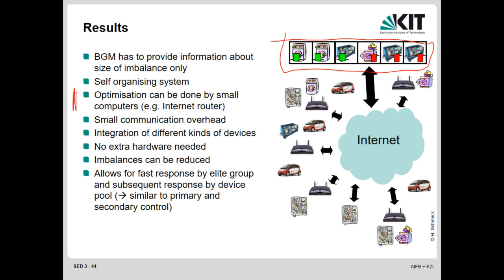You have to collect information from the pool, and then you have to compute something and send out information again. You can have many different kinds of devices, and it is positive to have a heterogeneous pool, because then they can complement each other in the way they can respond to different requirements. You don't need extra hardware, assuming that you have intelligent devices that can communicate their preferences.